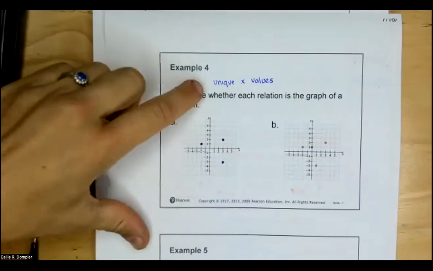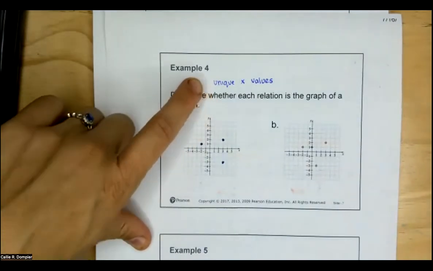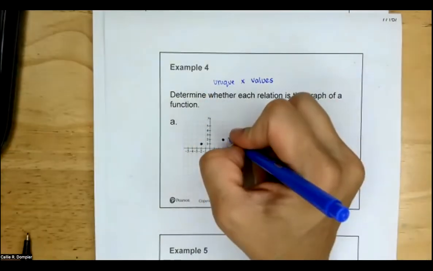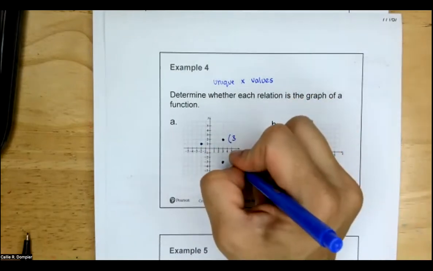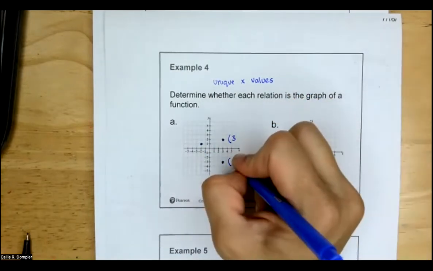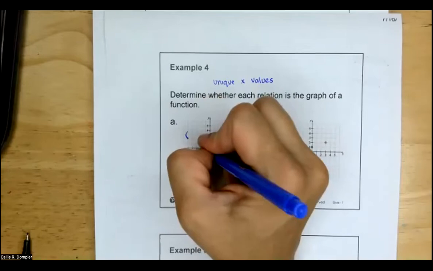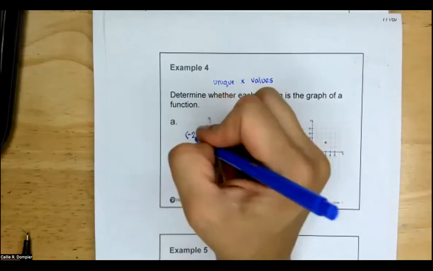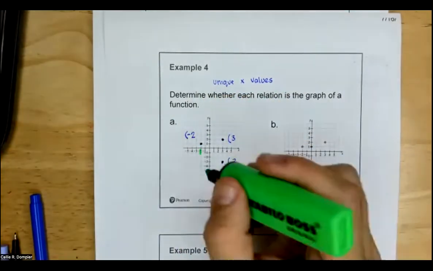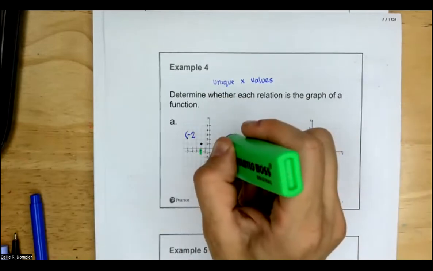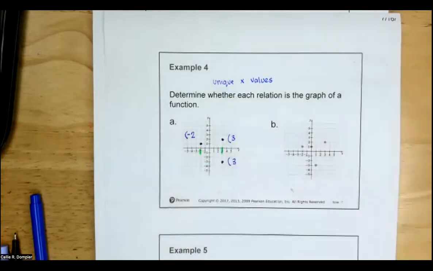We don't want any x's repeating with different y's. So what is the x value of this point? It's the number 3. What's the x value of this point? Also number 3. What is the x value of this point? -2. Do you see how I found that? Because it's -2 on the x-axis. This one's at 3 on the x-axis. This one's at 3 on the x-axis.